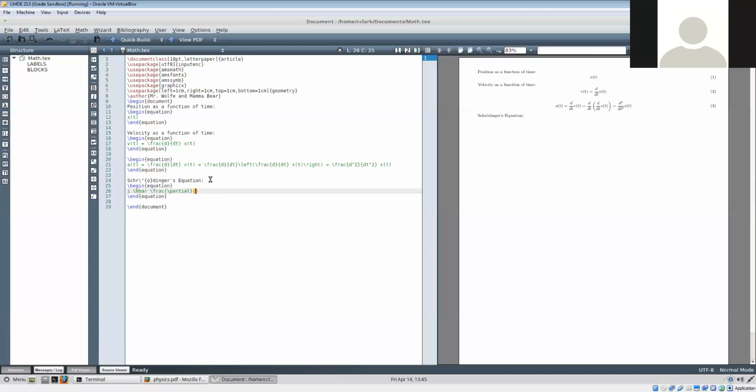I want a partial with respect to t, and I'm going to take the derivative of psi, which is going to be a function of x and t. Just make sure that looks right so far. All right, so there's the left side of Schrodinger's equation.